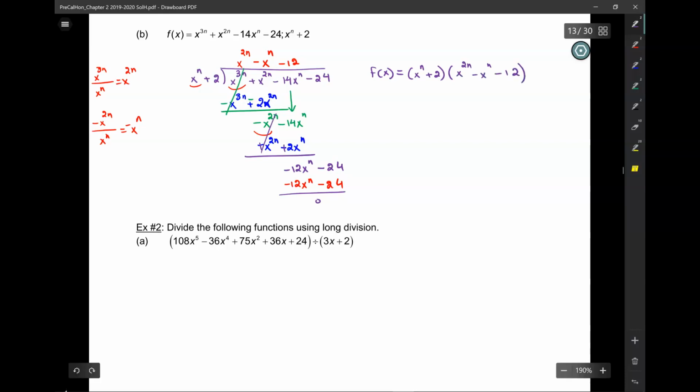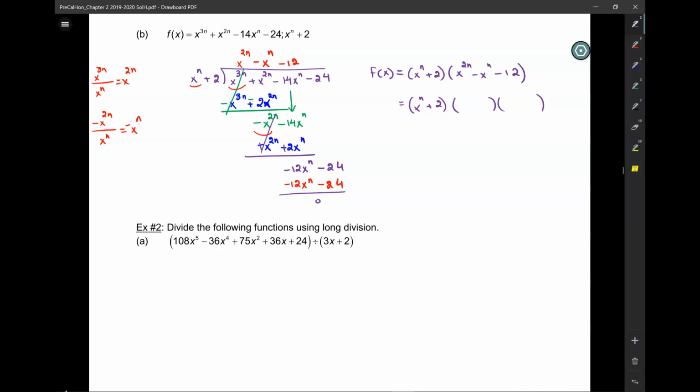Okay, now I need to factor this further. Remember how in the last lesson we factored in quadratic form? We had x to the 4 and then x squared. What did I say the pattern was? If this first term is the square of the second term, right? So here we have 2n, and here we have exponent of n. So basically, if you look at the exponents, the first exponent has to be double the second exponent.